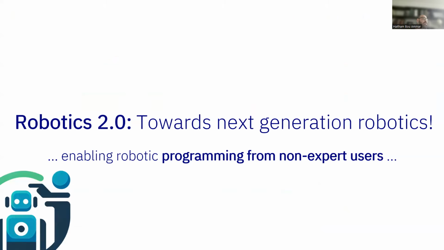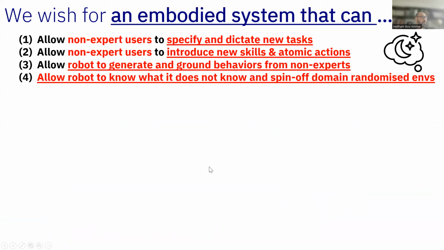What we are trying to do is design the next generation of robotic platforms where we are at least enabling programming of these robots by non-expert users. And luckily, with the presence of large language models, this goal might be close nowadays.